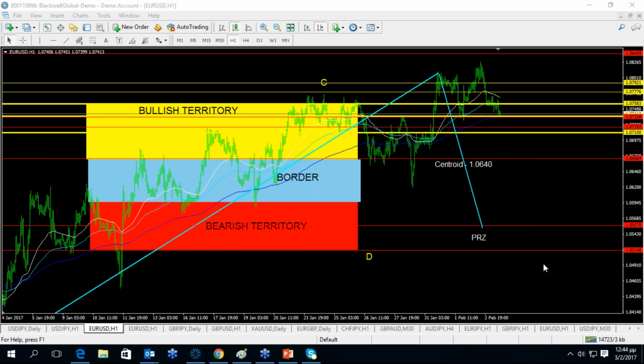So 1.0720 and below, 1.0710 and below would actually then bring prices under this 200 moving average, and then you've got more potential to the downside once it has crossed, let's say 1.0640 or 1.0650 and below. You've got a better probability for it to reach this zone down here at 1.0557 area, which is a bearish zone. So that is basically it for the euro USD.